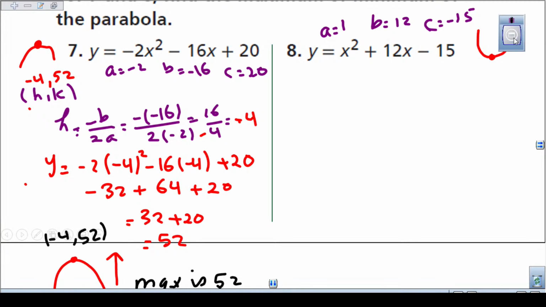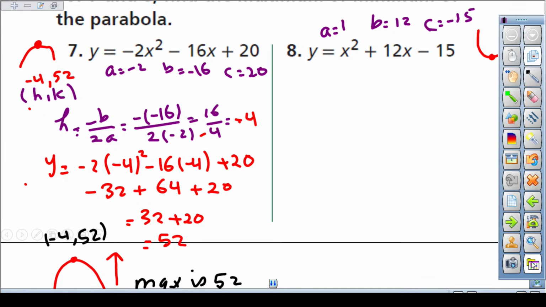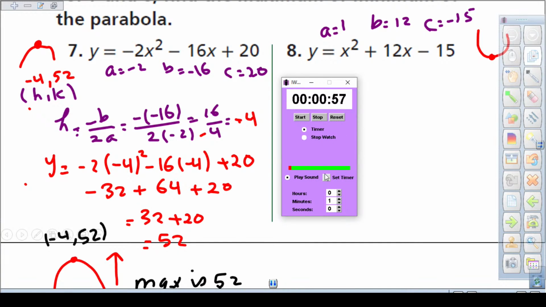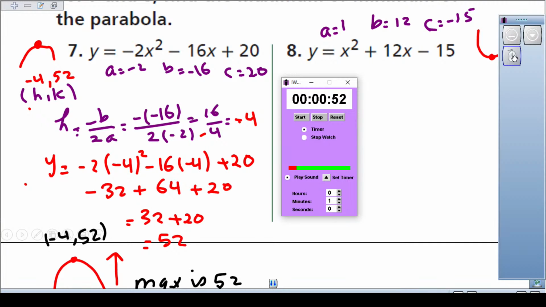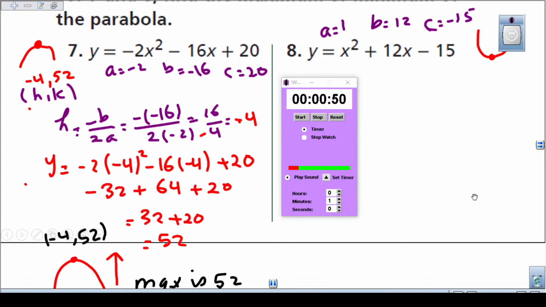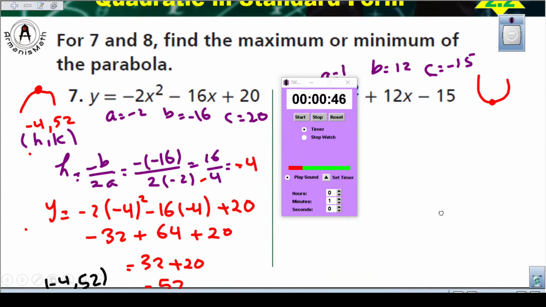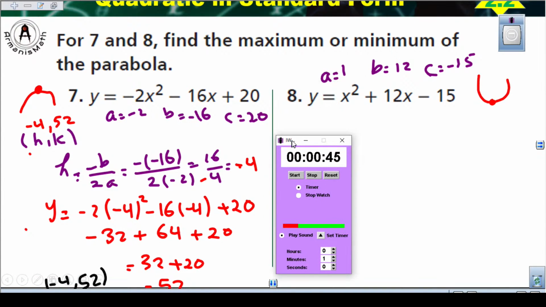So here's a minute, and use it wisely. We're trying to find again whether this is a maximum or minimum for this problem here.